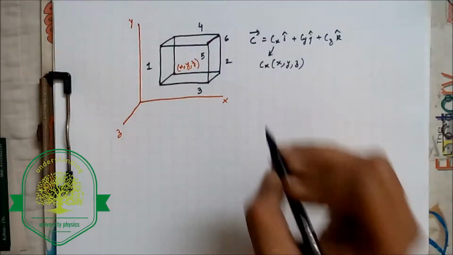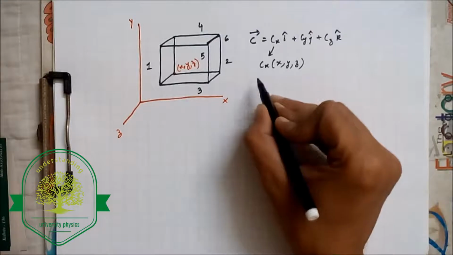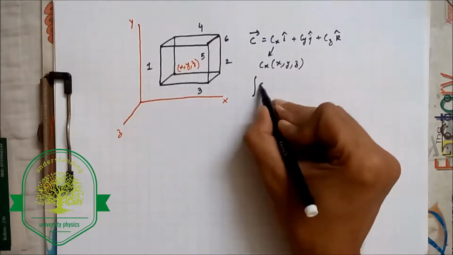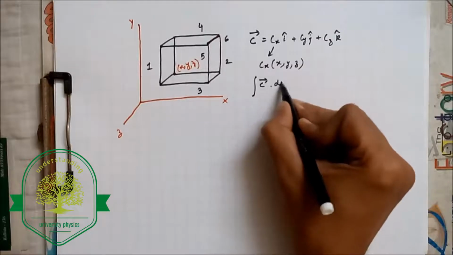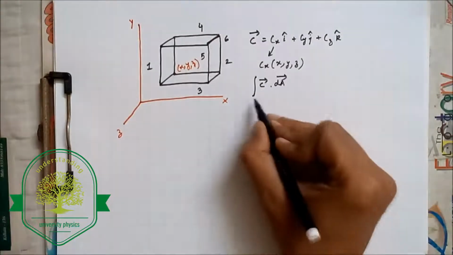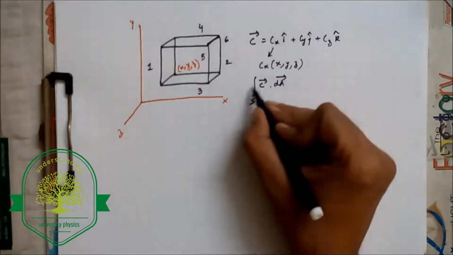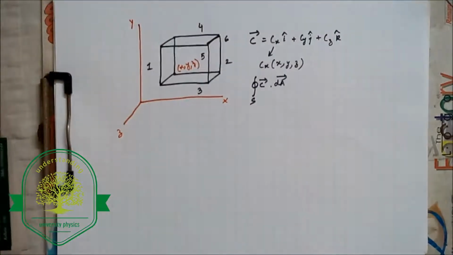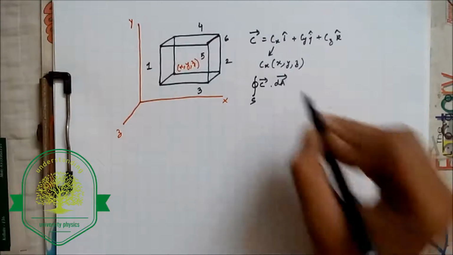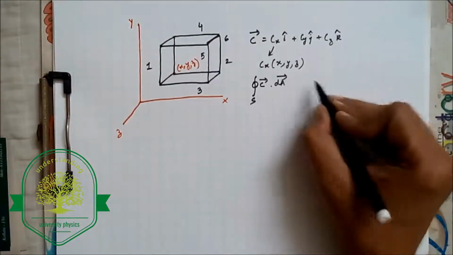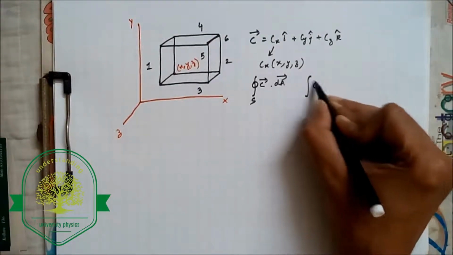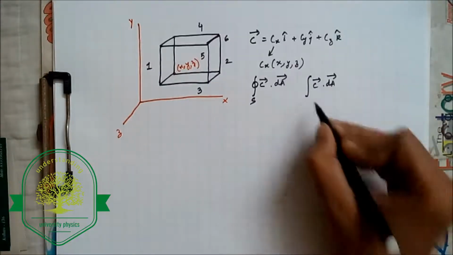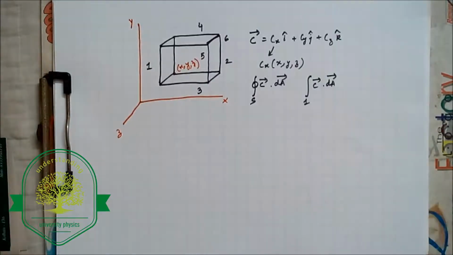So what we have to find out here, we need to find out the flux of C through this box. So for doing that, let us first find out what C dot dA, that is the flux of C through the surface 1 is.